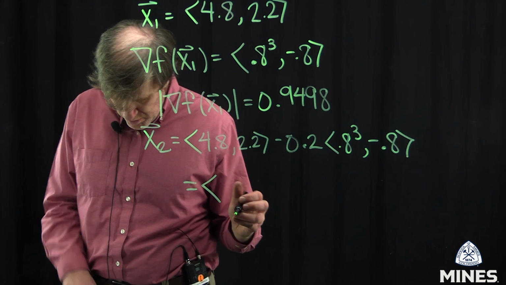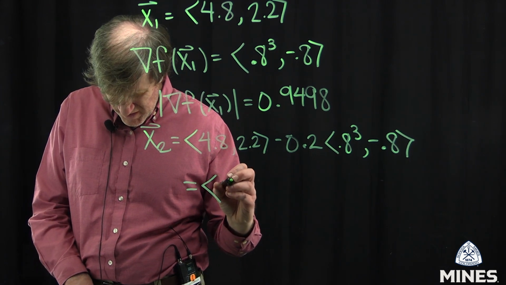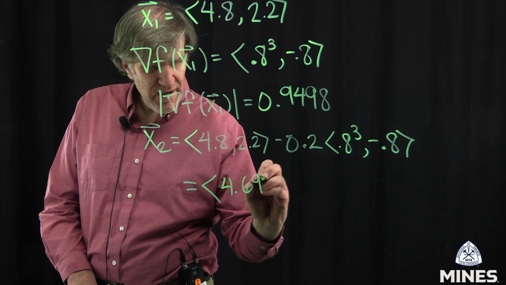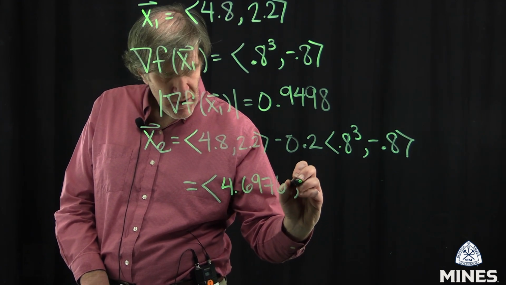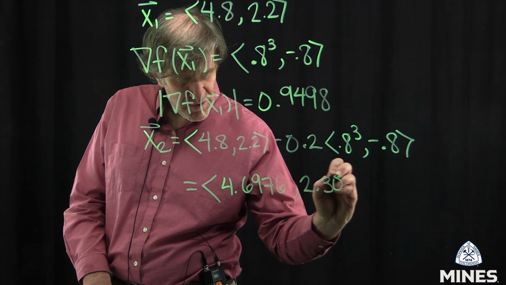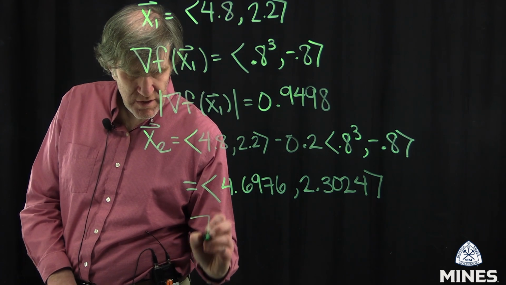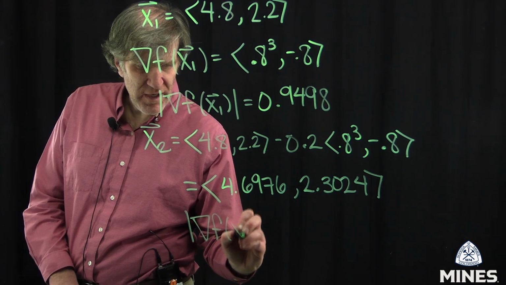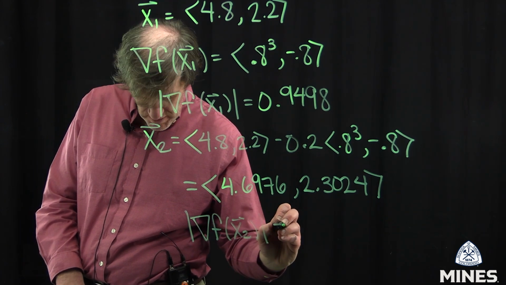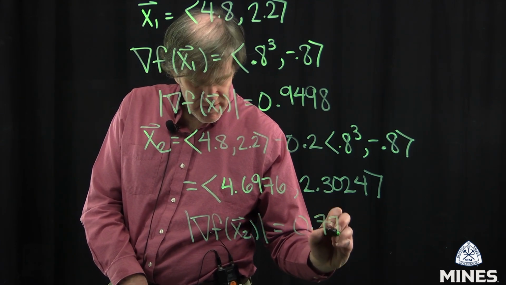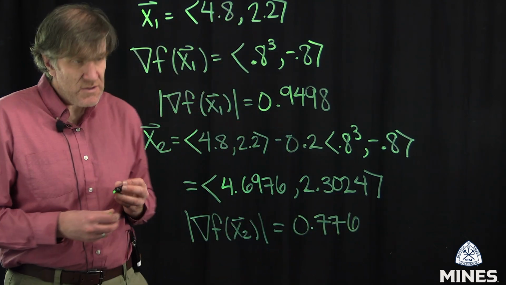And what we end up with for this point is 4.6976, 2.3024, and the magnitude of the gradient at this point turns out to be 0.776.